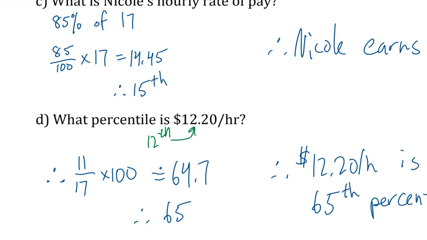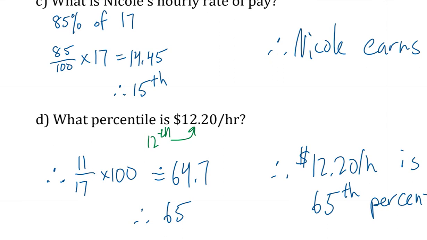In the case of part D, 64.7 would naturally round up to 65, but we would round up no matter what, because if we round down, then we're actually not necessarily getting the amount that is below 1220, whatever the question is. So we're always going to round up, and that's going to keep us safe.